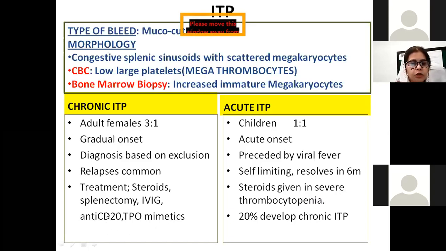There are certain newer drugs in the market which include thrombopoietin analogs and anti-CD20, which are more commonly used as an upfront treatment or in those patients who are refractory to steroids instead of splenectomy. Among the children, about 80% ultimately resolve, but 20% can develop chronic ITP.